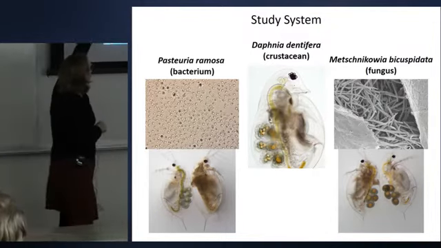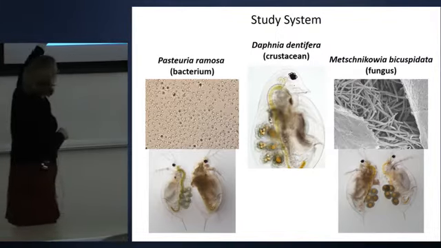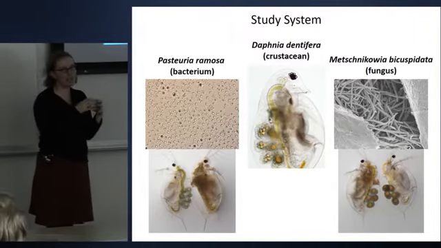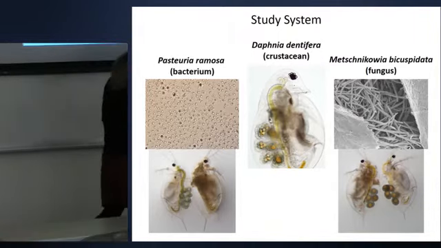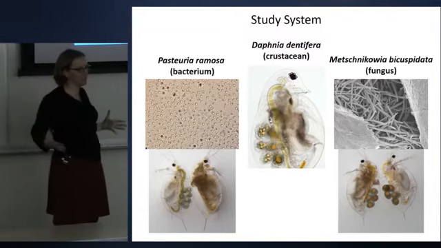And if you look under a compound microscope or an electron microscope, they look very different from one another. So the bacterial parasite looks like these sunny side up eggs. And the fungal parasite has these needle-shaped spores that actually completely fill the body cavity.